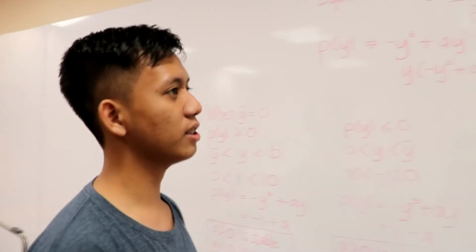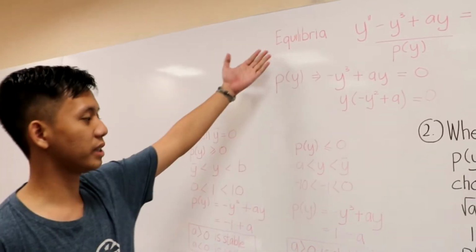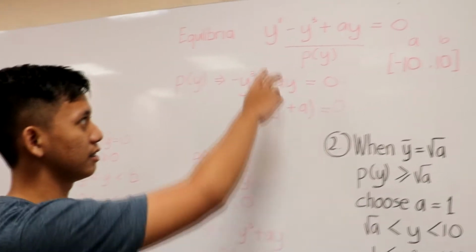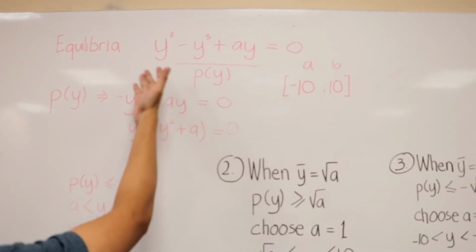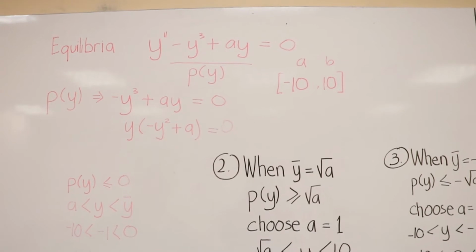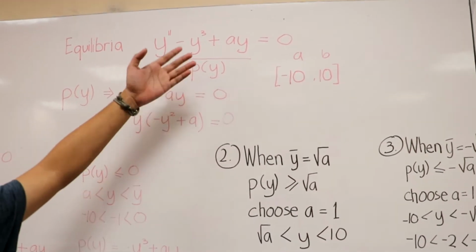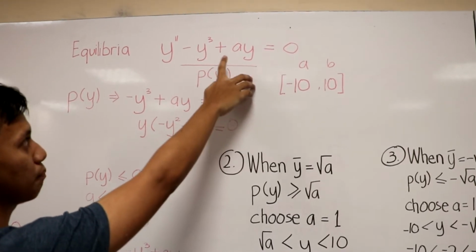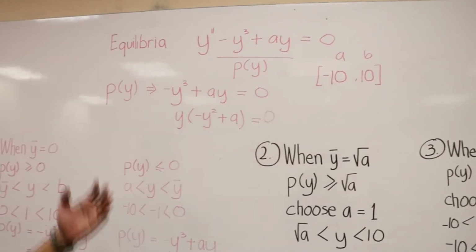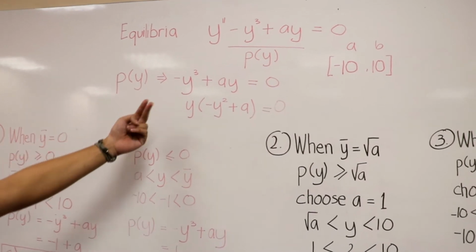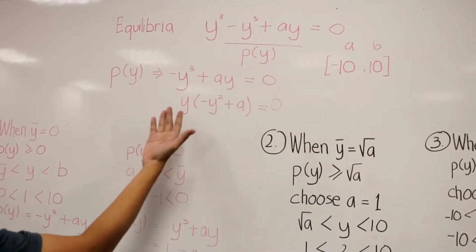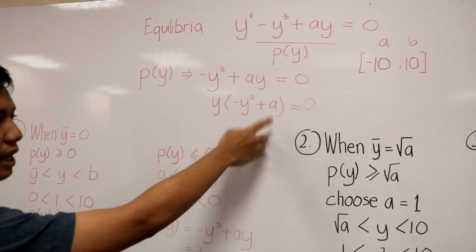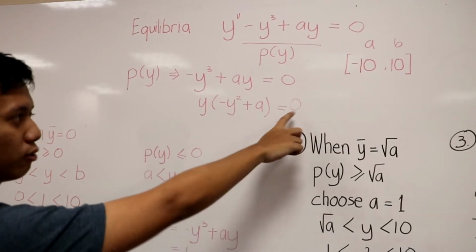So for the second question, we have to find the equilibria and classify them as stable or unstable for this second order equation. So we have minus y to the power of 3 plus ay equal to 0. So we can derive it like this: y times open bracket minus y squared plus a close bracket equal to 0.